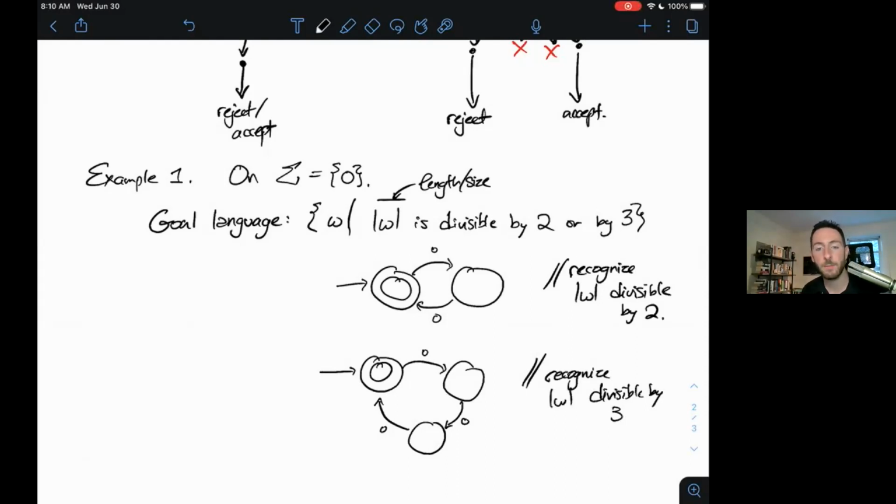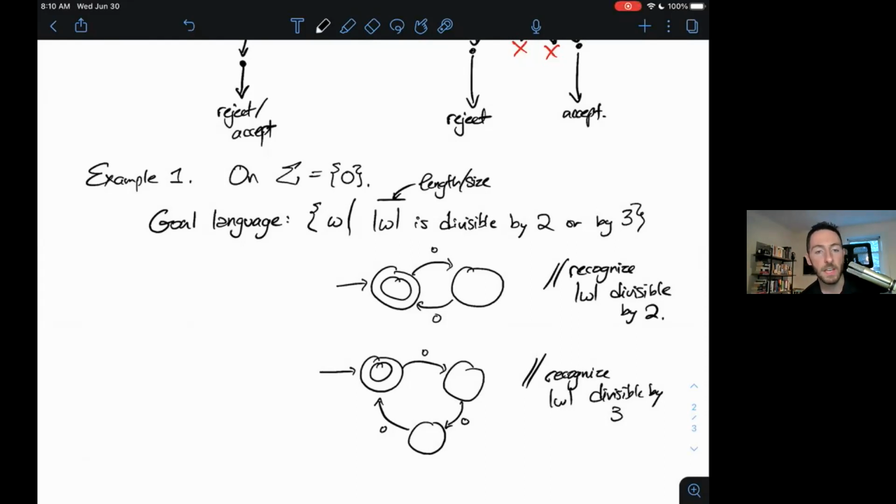So you could go back and use our proof that the regular languages are closed under union, use the construction in that proof to create a complicated DFA on pairs of states that unifies these two diagrams, right? This would have 6 states, and it would be tracking both of these properties, divisibility by 2 and divisibility by 3 at the same time.